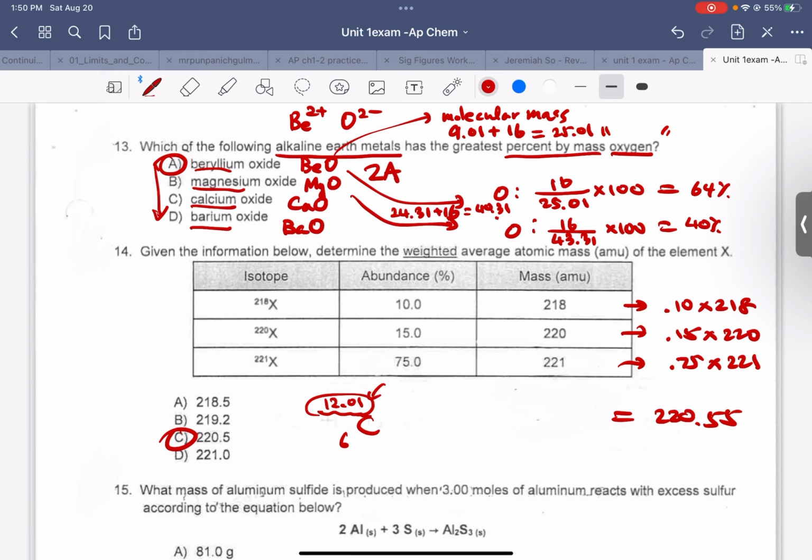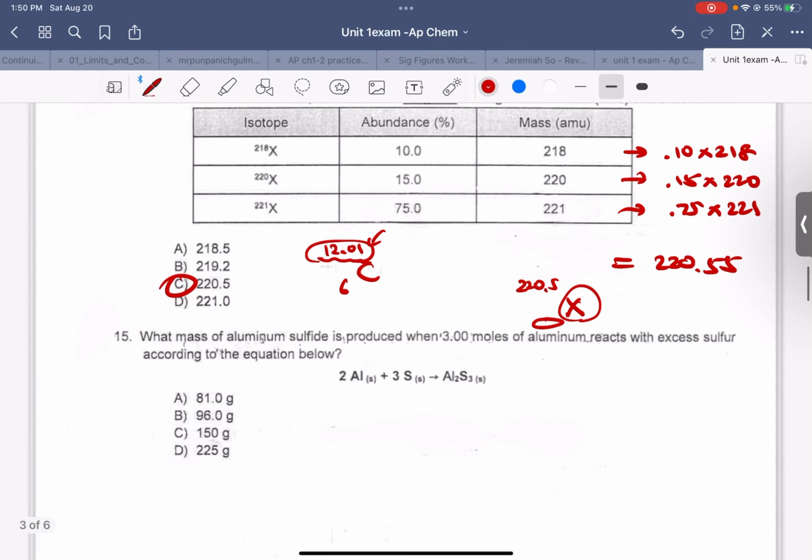Then you get this in the periodic table. So using isotopes, also X has a mass of 20.5, and whatever that X is, you have that atomic number there. So that's how you calculate percent mass with isotopes.